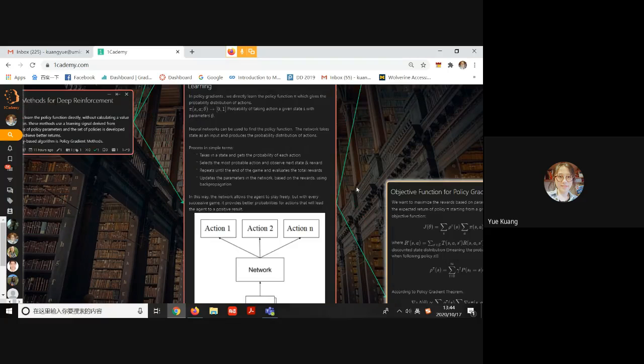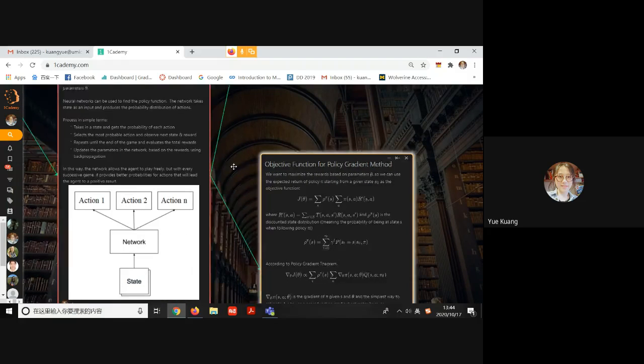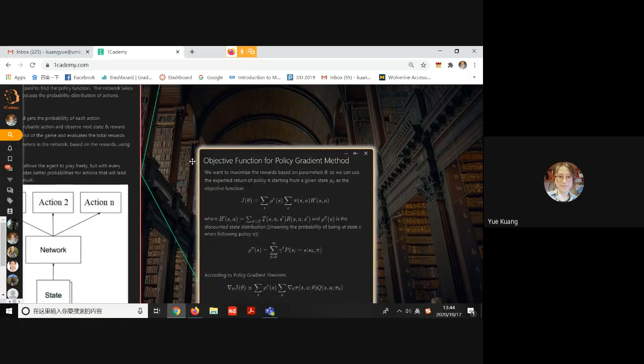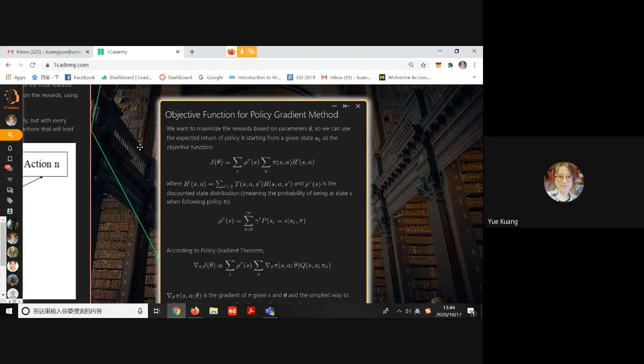I will show some math behind it with the objective function and the gradient. What we want to maximize is the rewards based on parameters theta. So we can use the expected return of policy pi starting from a given state S0 as the objective function. Here is the equation for the expected return of policy pi. First it sums over the states, where rho pi(s) is the discounted state distribution.